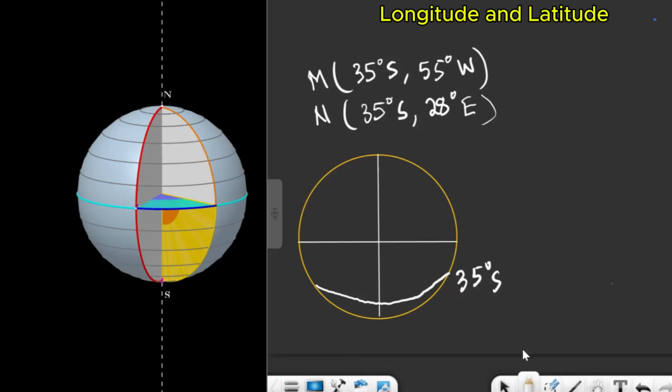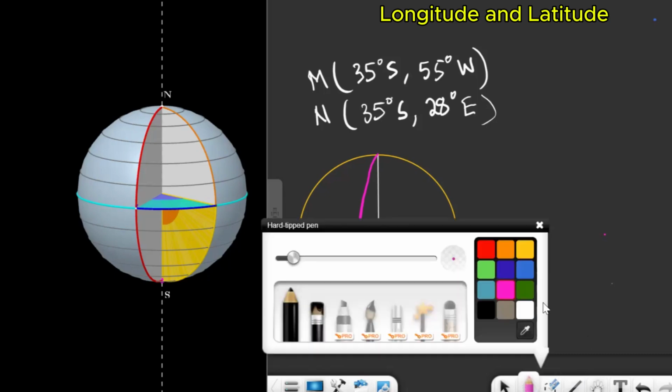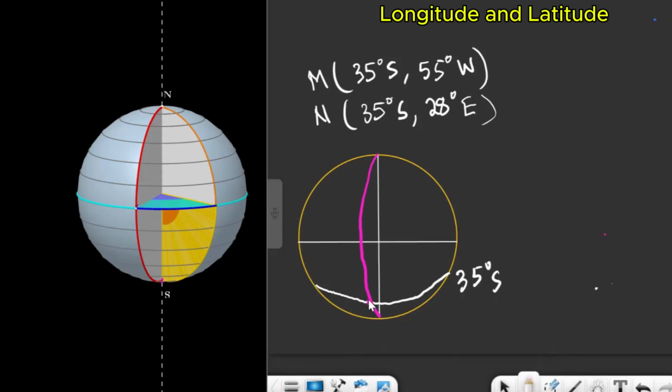And then let's take the longitude. This is 55 degrees. So the intersection here will give us the position of M. And then let's look at N. N is also on the same latitude of 35 degrees south, but the longitude is 28 degrees east.